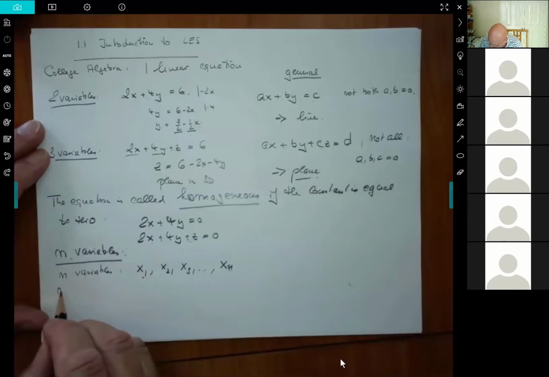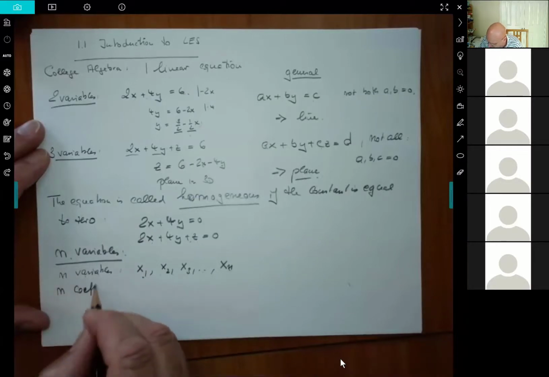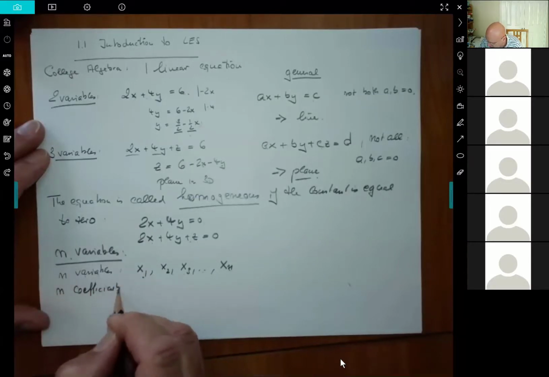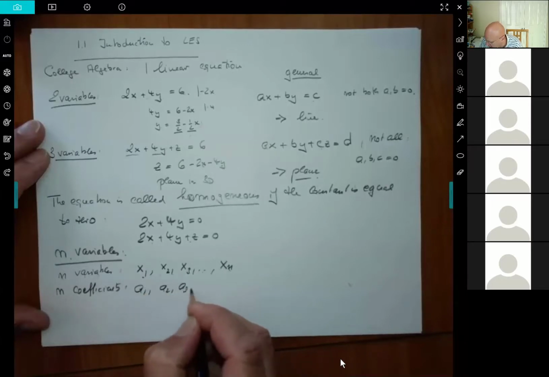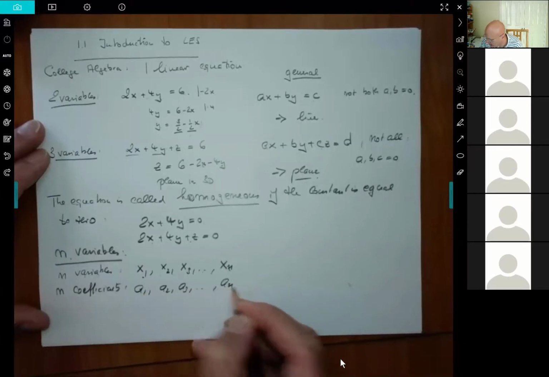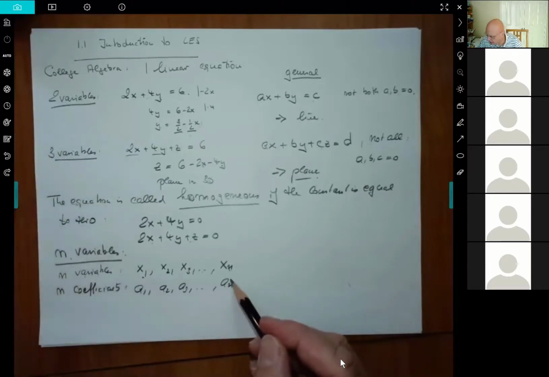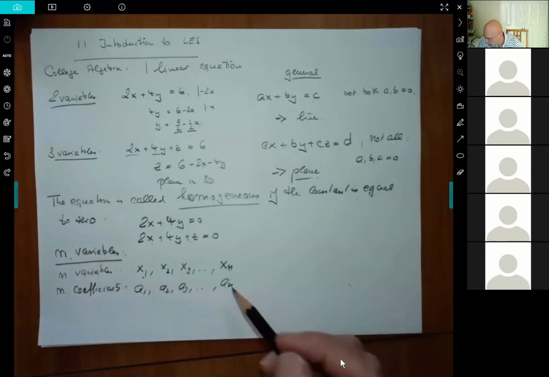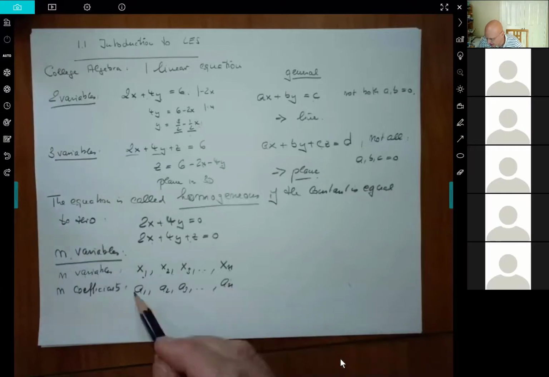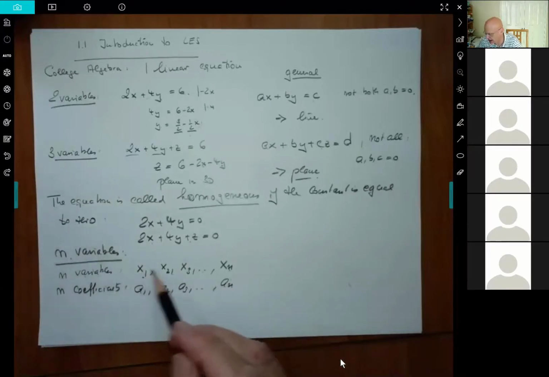Then we also have n coefficients. And I call them A1, A2, A3, up to An. Again, I use the letter A, like you saw, I used already capital A for my matrix. But it's only by convention that very often coefficients are called a, b, c, and variables are called x, y, z.